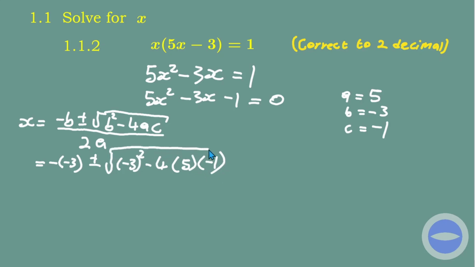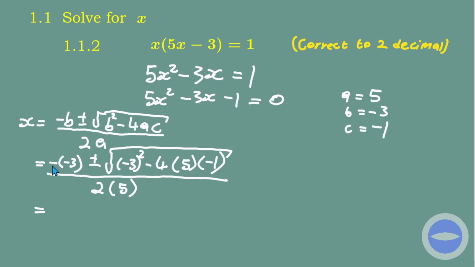So I'll draw up the square root, over 2, and then my a is 5, so over 2 times 5. Then from there I have to simplify.